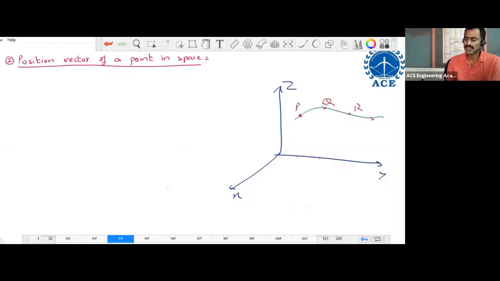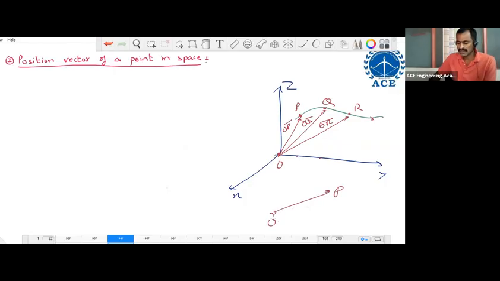To express every position of the moving object as a vector, we take one common reference point, the origin. That is why any vector from origin to this point P, to Q, to R, that is OP bar, OQ bar, OR bar, these are called position vectors. In general, any vector from origin to a position in space, OP bar, is called the position vector of a point in space.